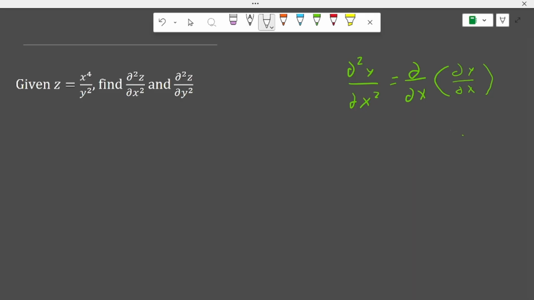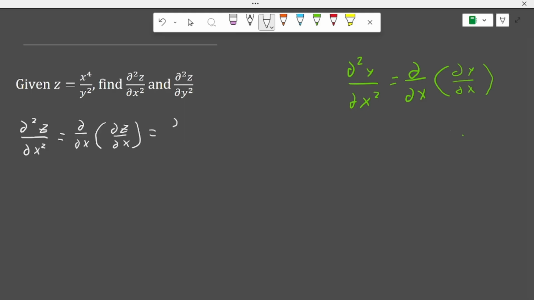So it's pretty easy to apply that. First we'll write out the double derivative of function z with respect to x squared. That's going to be equal to the derivative with respect to x times the derivative of z with respect to x.